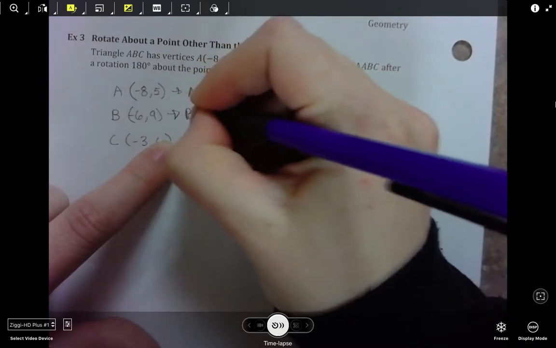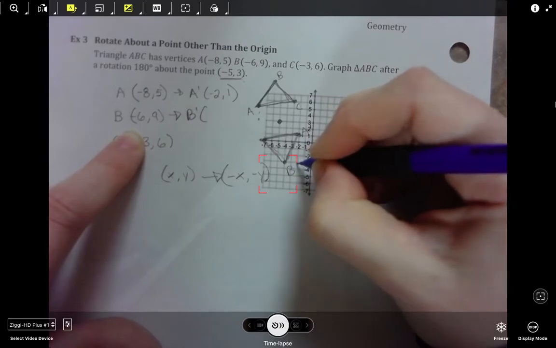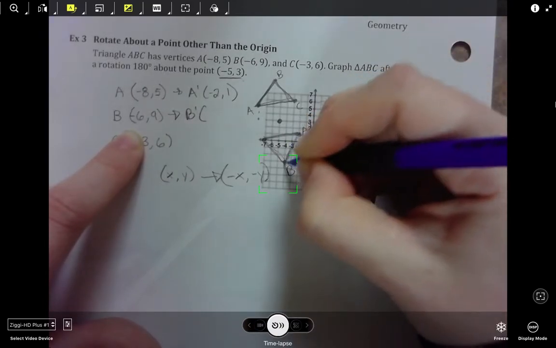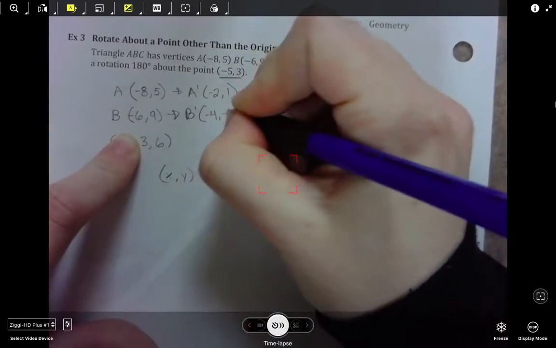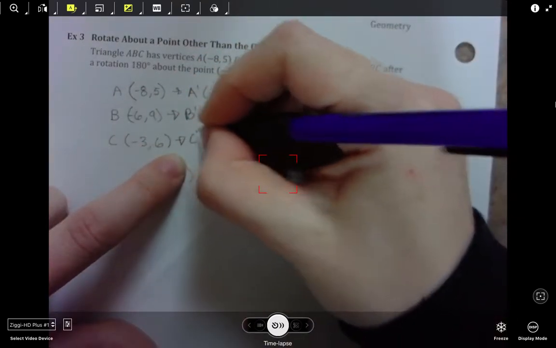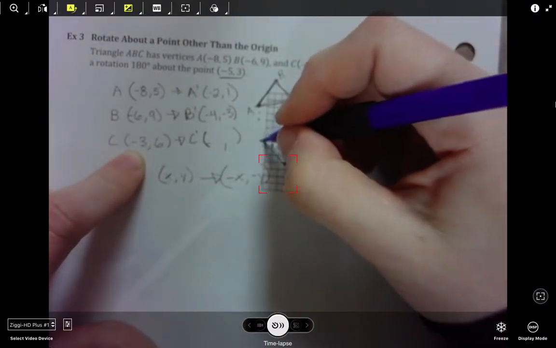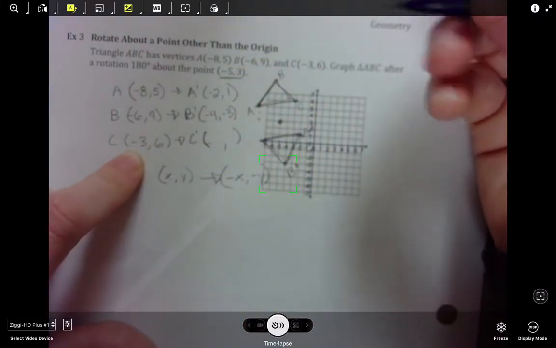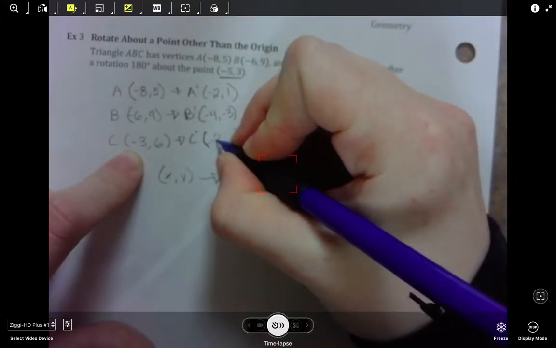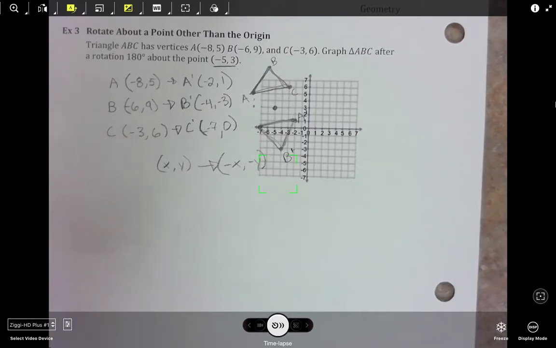B prime is here, negative 4, negative 3. You people with bad handwriting, you're going to have to do something. And this one is at negative 7, 0, it looks like. There we go. Okay. So graphing was probably the best option.